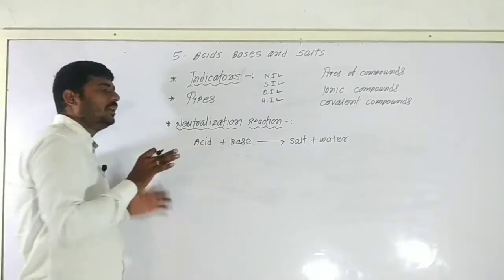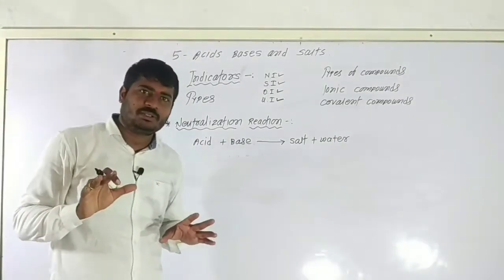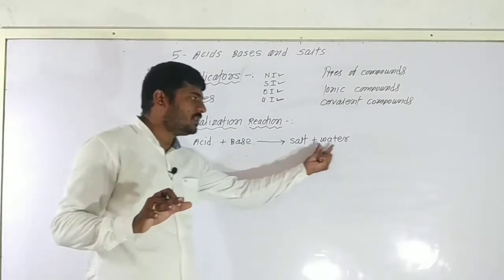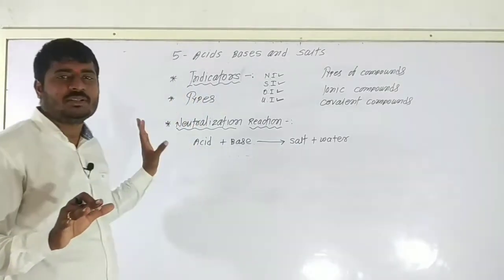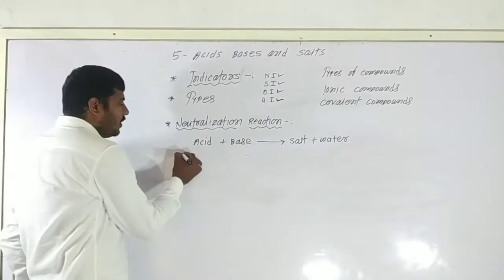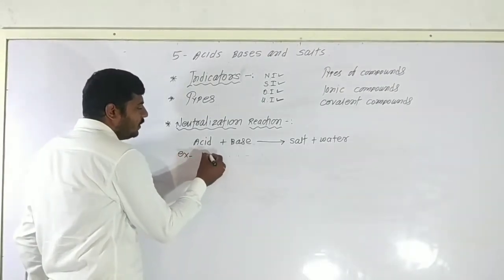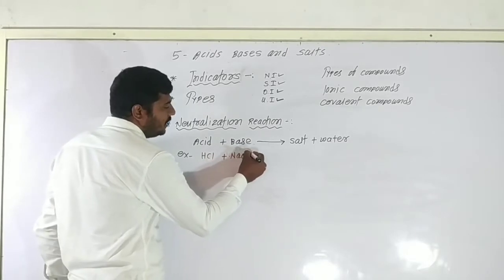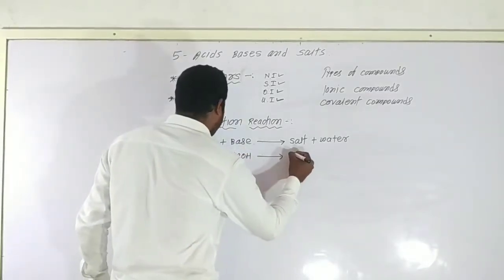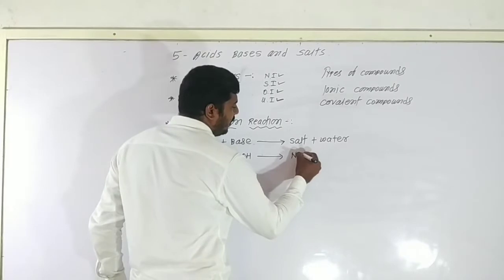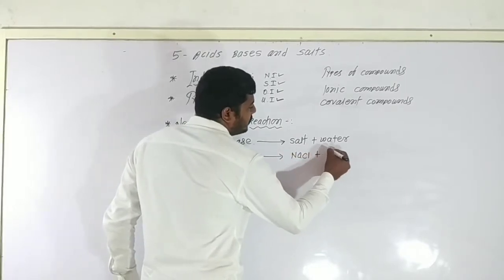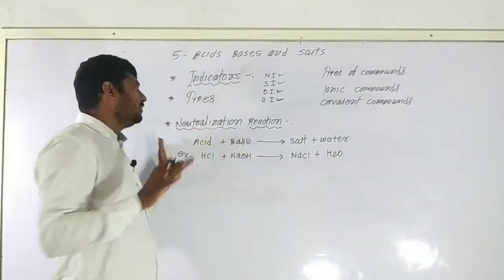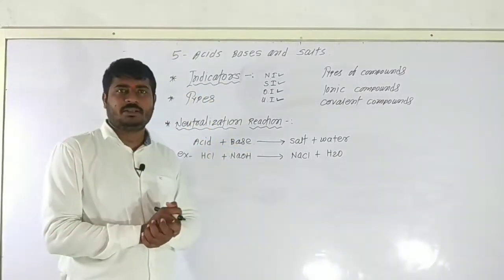When acid reacts with base, it gives salt plus water. For example, when hydrochloric acid HCl reacts with sodium hydroxide NaOH, it gives sodium chloride NaCl plus H2O. That type of chemical reaction is called a neutralization reaction.